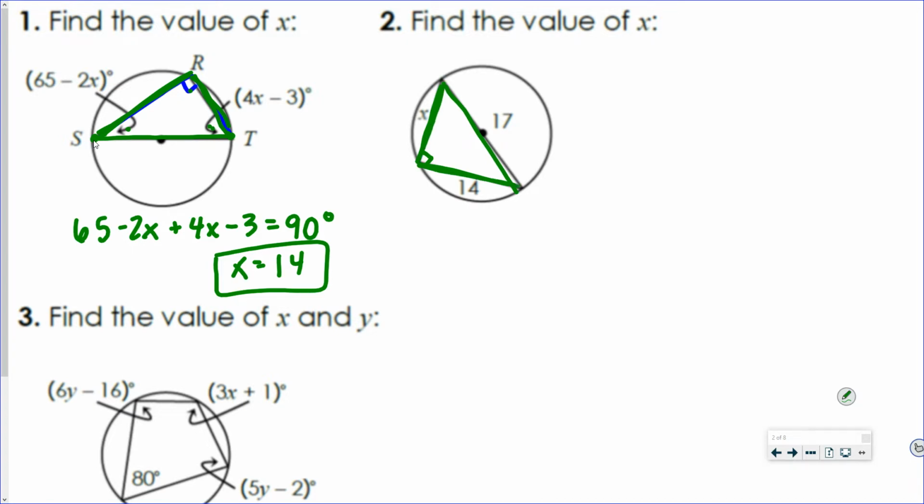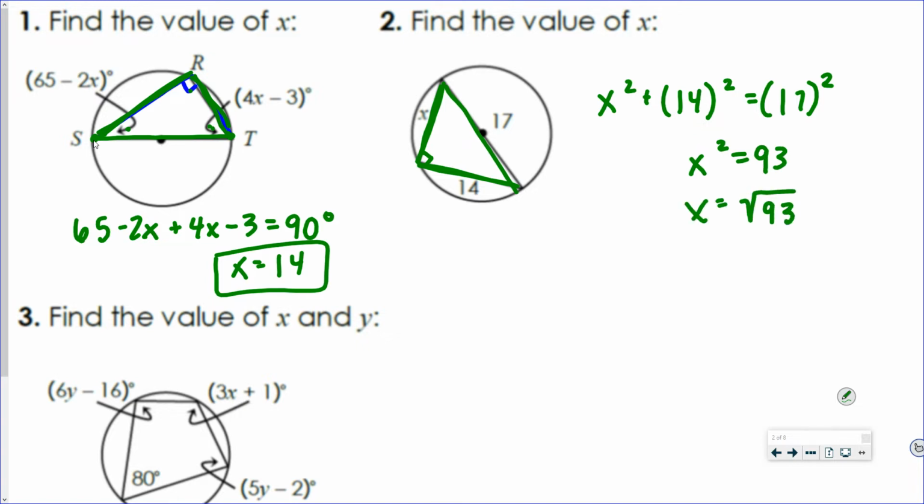Nice, Tyson. x squared plus 14 squared equals 17 squared. I think that's what I got. x is the square root of 93, as a decimal, 9.6.